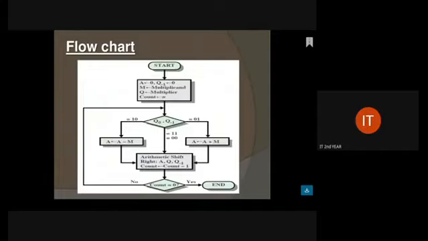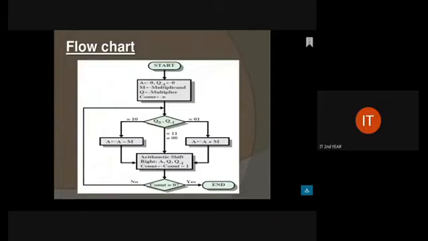Based upon those values, at the third step we perform the corresponding operations, that is A tends to A plus M or A tends to A minus M, or we just shift the register of A, Q and q minus 1. Finally we check whether the count value is decremented. When the count value is equal to 0, then we will be getting the final answer.